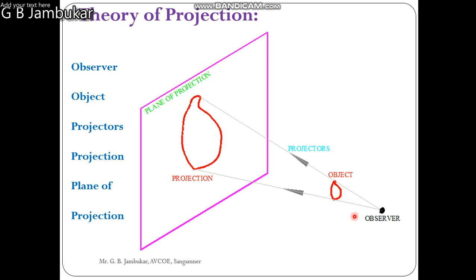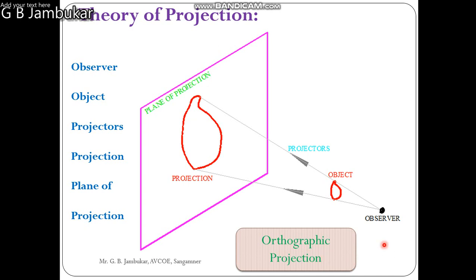Now if the rays are parallel to each other and the distance between observer and object is infinite, then all the rays are parallel to each other and perpendicular to the plane of projection. Whatever projections we get due to these parallel rays are called the orthographic projection. So in this unit our focus is on orthographic projections only.